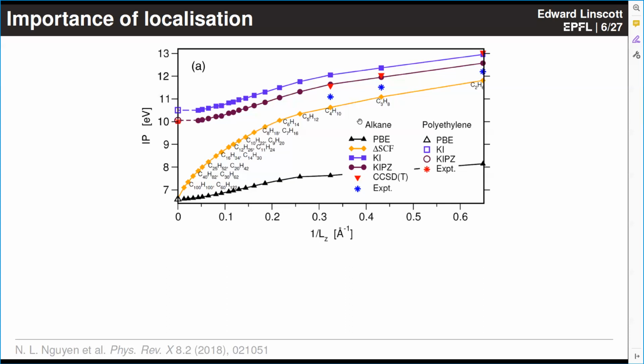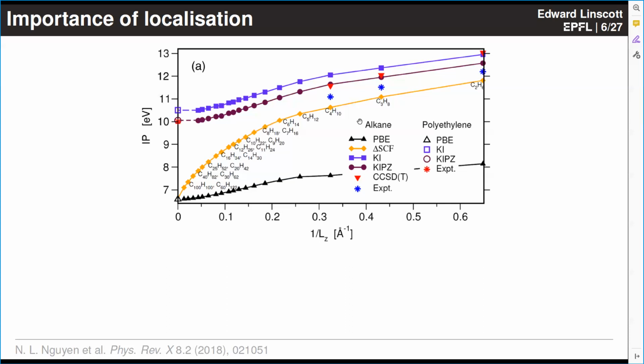The black curve is the result that you get with PBE if you just look at the HOMO energy. We know this will not give us the right result, much like the PBE functional gives us the wrong band gaps. If we look at the molecular limit, it's down here, whereas the experimental result is this blue point up here. The delta SCF result is much better.